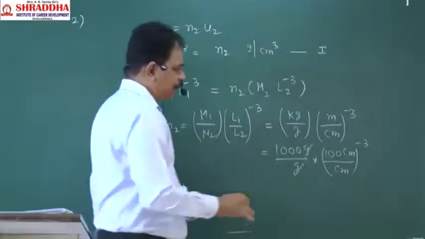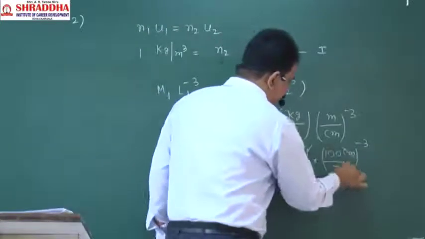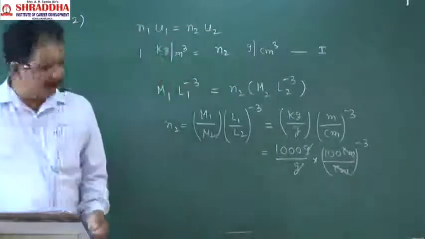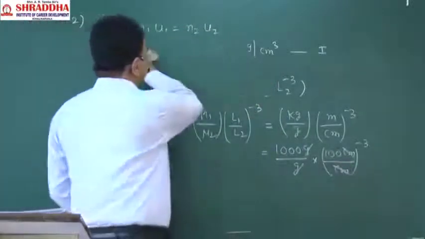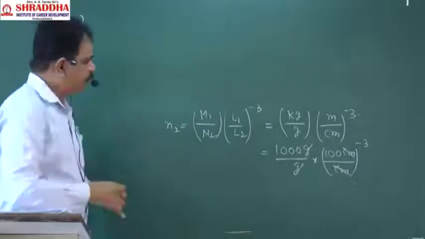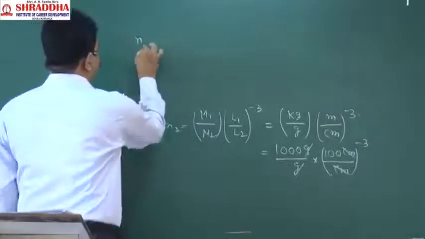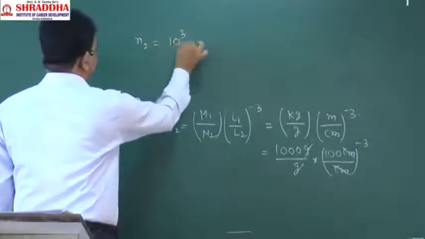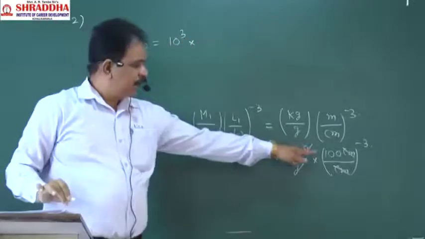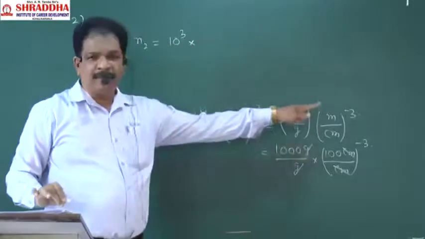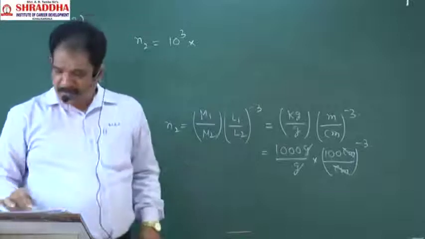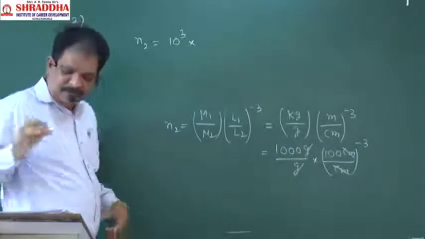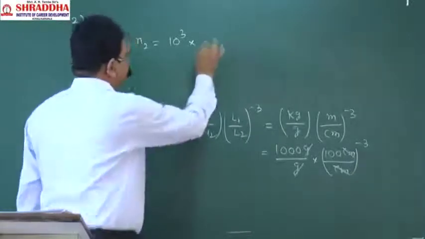Gram will cancel, centimeter will cancel. Then N2 is equal to 1000, which means 10 cube, and 10 square power minus 3 means that value is equal to 10 power minus 6.